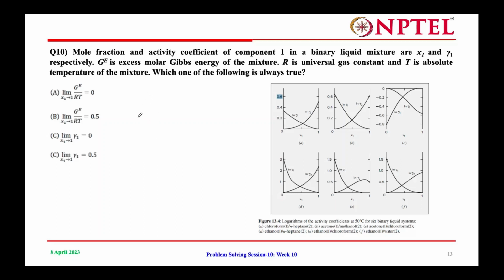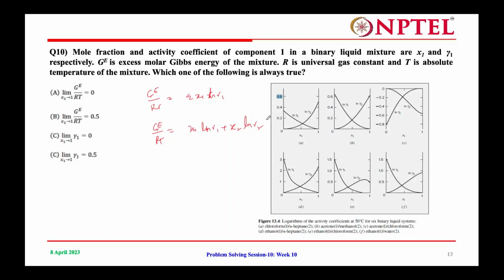So we know the relation GE by RT equal to summation xi ln gamma i. So for the binary mixture, GE by RT equal to x1 ln gamma 1 plus x2 ln gamma 2, right?